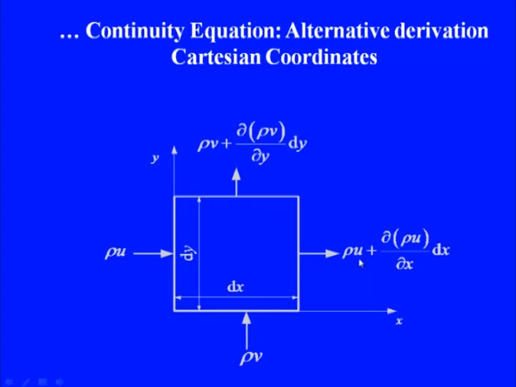Similarly, this particular function rho u at the right plane can be given as rho u plus del rho u by del x dx using Taylor series expansion. Same way we can interpret this function rho v at the bottom plane and the top plane. Now let us see how we can derive our differential continuity equation using this simple Cartesian element.